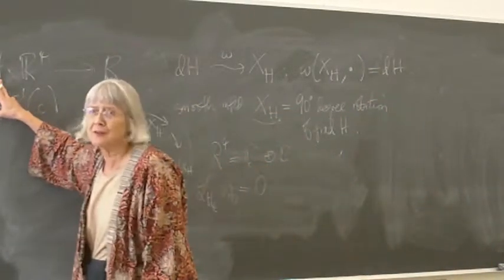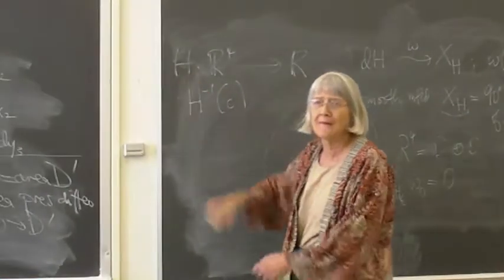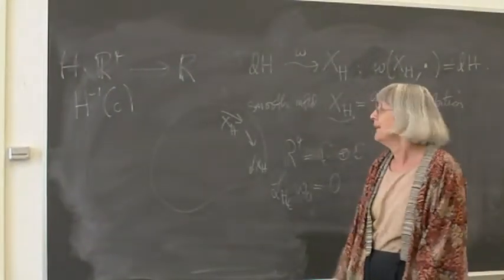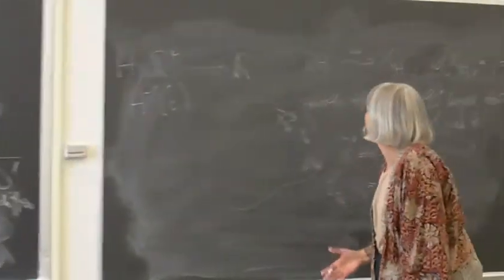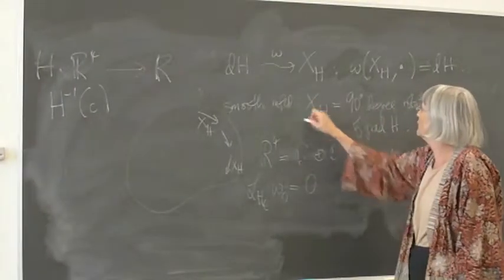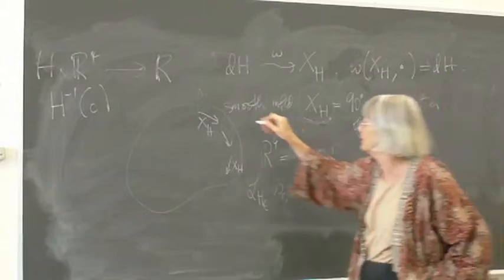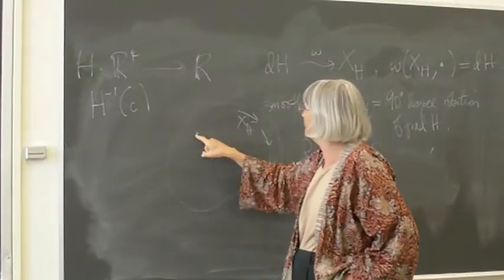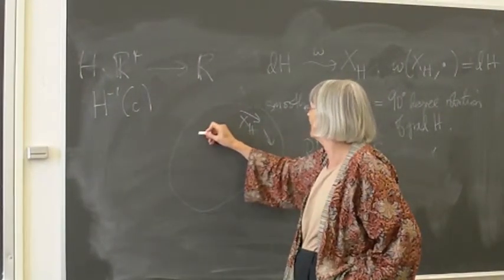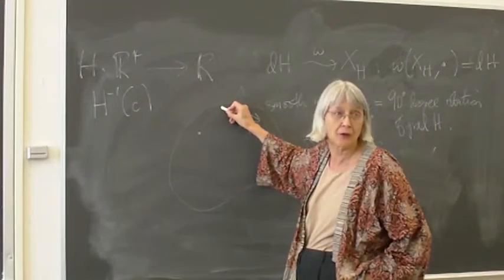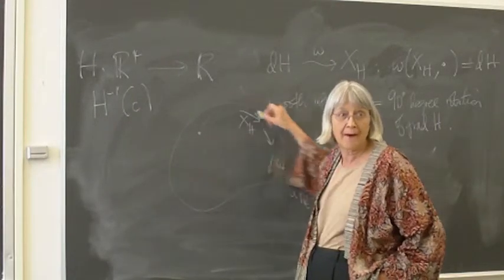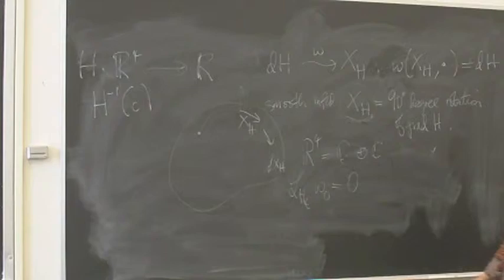H would be some energy function like kinetic energy or kinetic plus potential energy. Then you look at the flow, the vector field you get, and that would be the time evolution. So if you had your point in your state space, then as time moved, you move along this constant energy surface. So this is energy preserving motion.